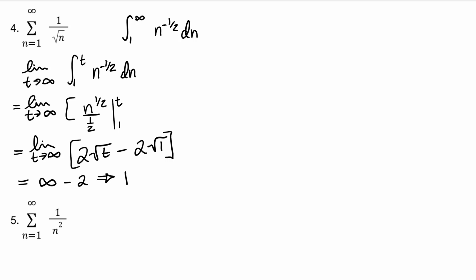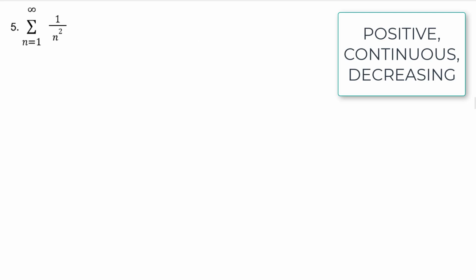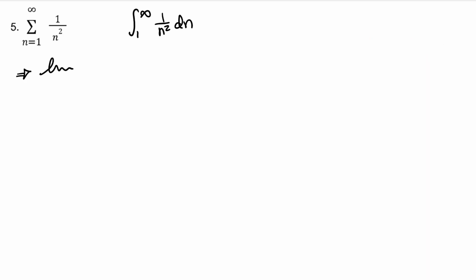This is a divergent integral, which means the corresponding series will also diverge. Do you have a prediction for number 5? The associated function would be 1 over n squared, so our improper integral would be 1 to infinity of 1 over n squared. And let's evaluate it.